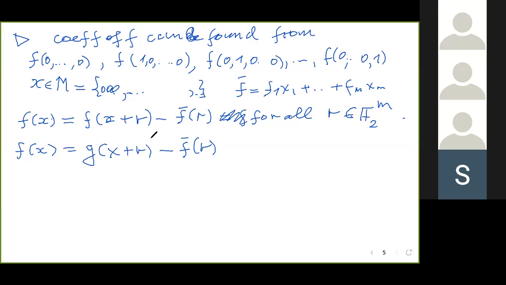For all those positions where they differ, we will make an error, but for the remaining r's we won't have any errors. And the point is that for whatever x we have fixed, if r is chosen with uniform distribution, then x plus r also has the uniform distribution. So this happens with probability at least 1 plus epsilon over 2 when r is chosen at random.